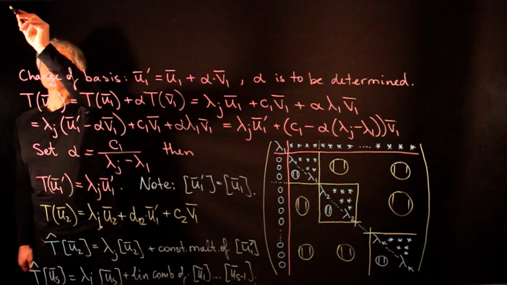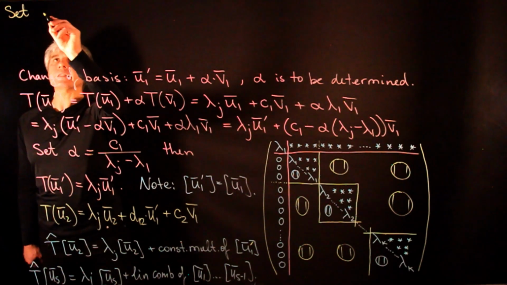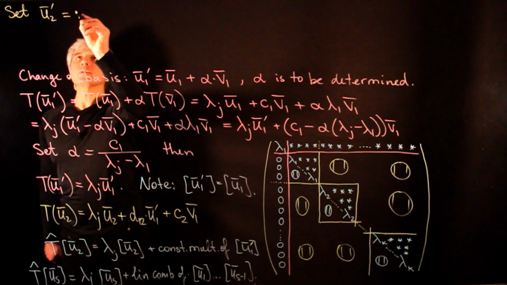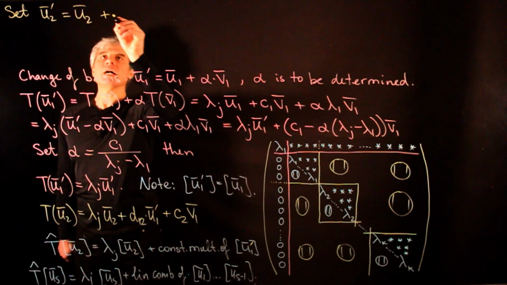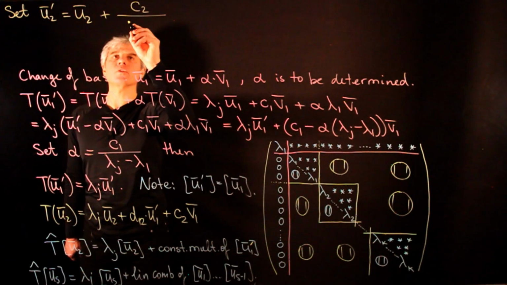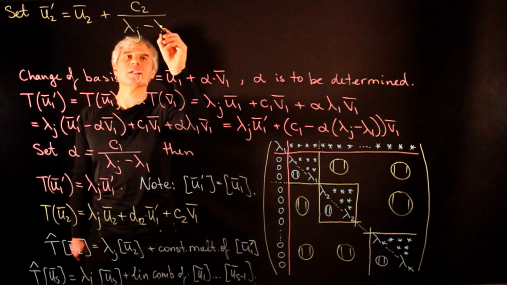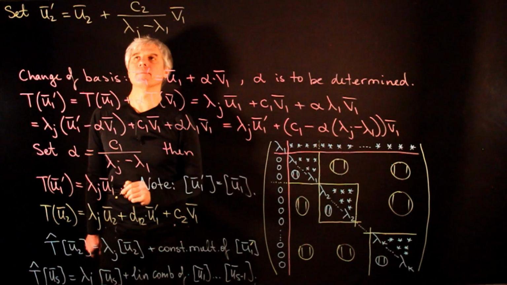Now let us adjust our bases. So we set u2 prime to be u2 plus c2 over lambda j minus lambda 1 times v1.